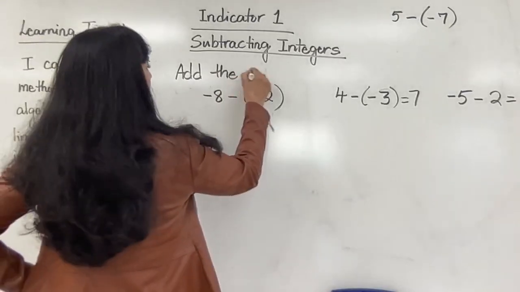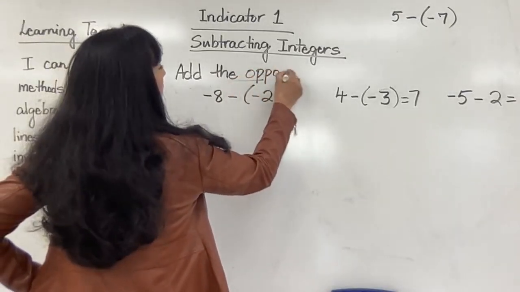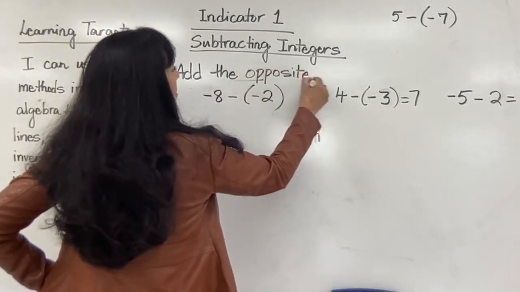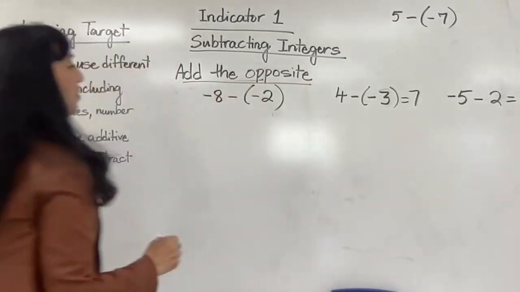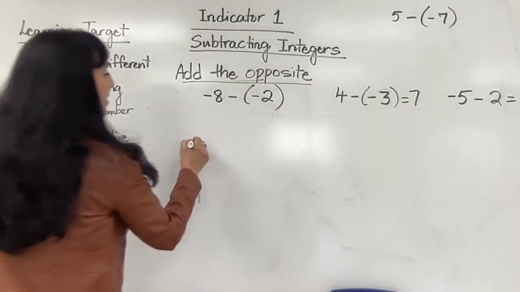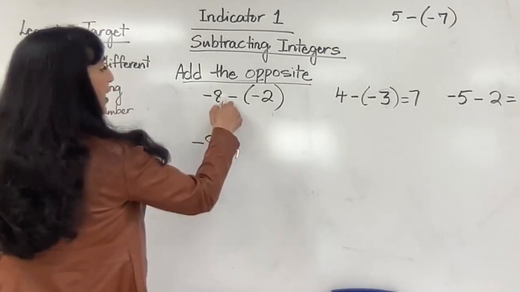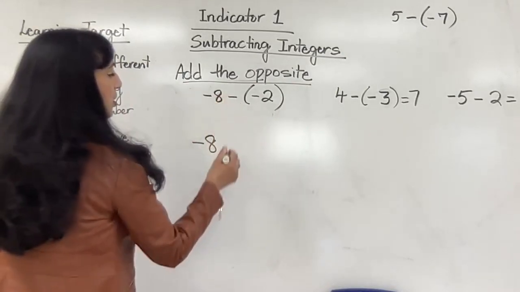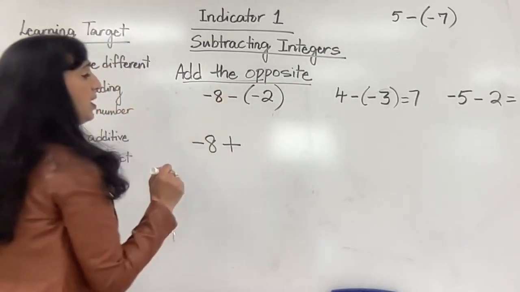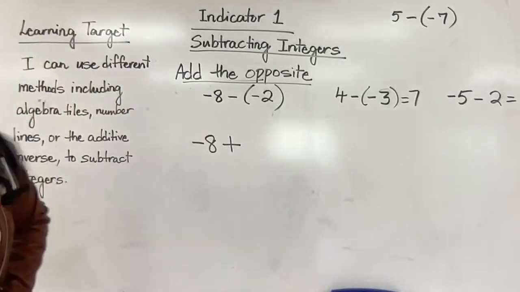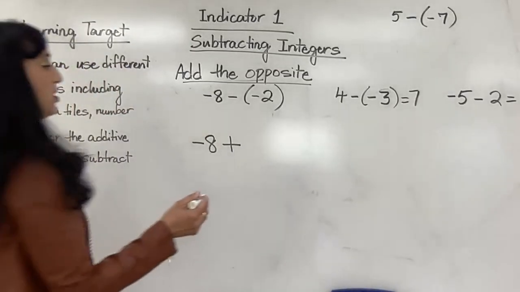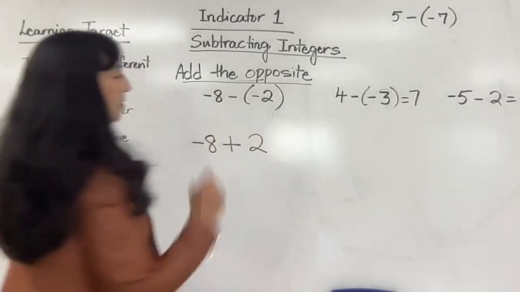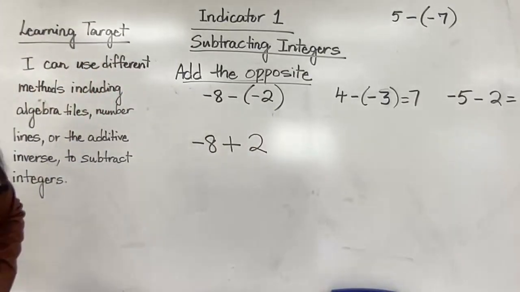So I'm going to start with -8, and change this. So you're going to change the subtraction to addition. And then the opposite of -2 is going to be +2. Okay? So now this is basically addition.